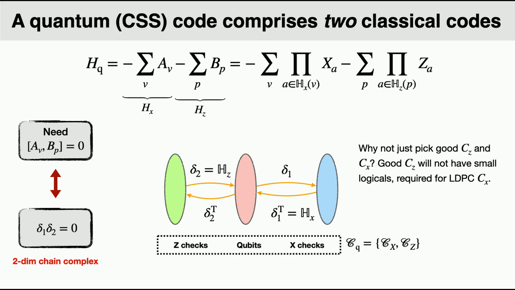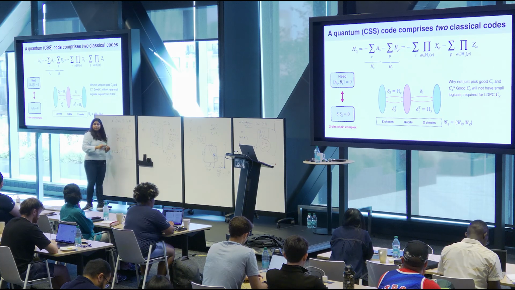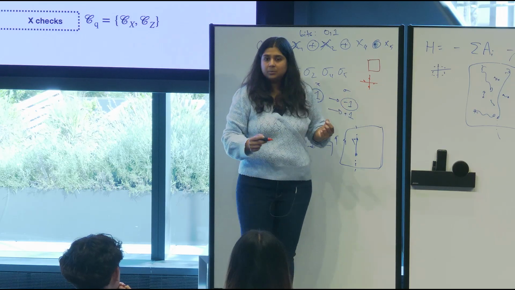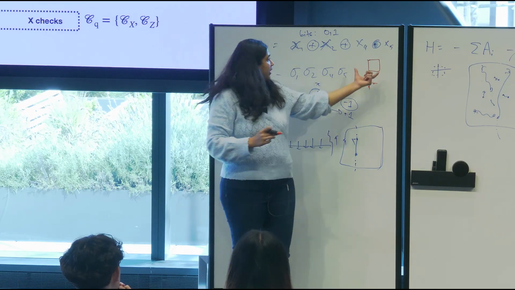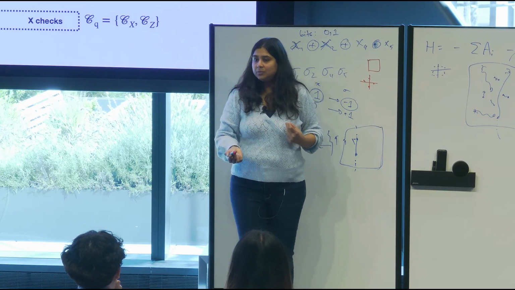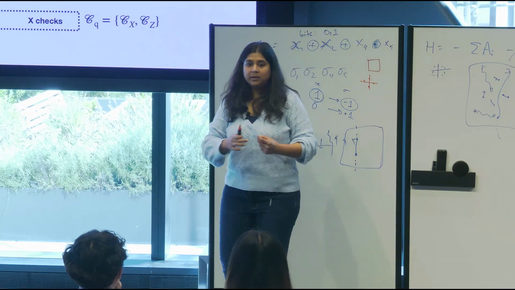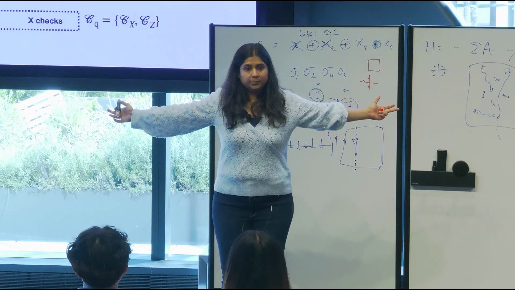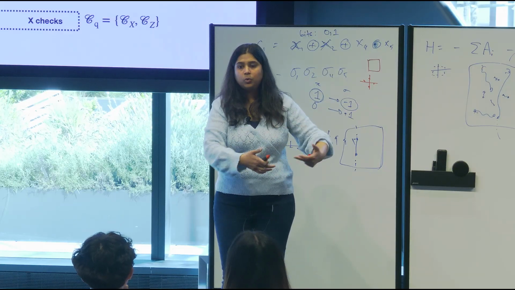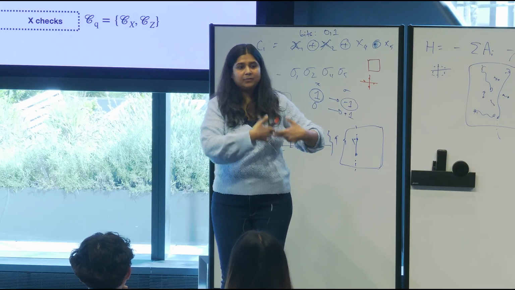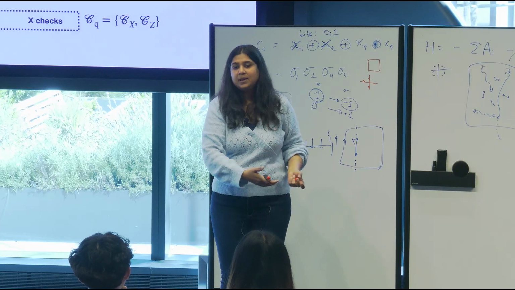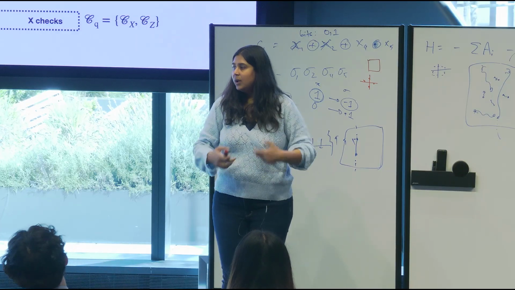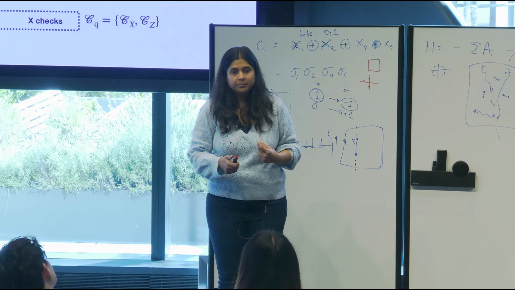Like in the toric code, I had my plaquettes, and every configuration with just these 4 spins flipped, which was the X term, is a small code word with respect to the Z code because they commute with each other. So if the CZ code is good, that means that it has very, very large code words. So if the CXs have to include those code words, well, then the CXs can't be local or LDPC, and then the LDPC condition is violated.